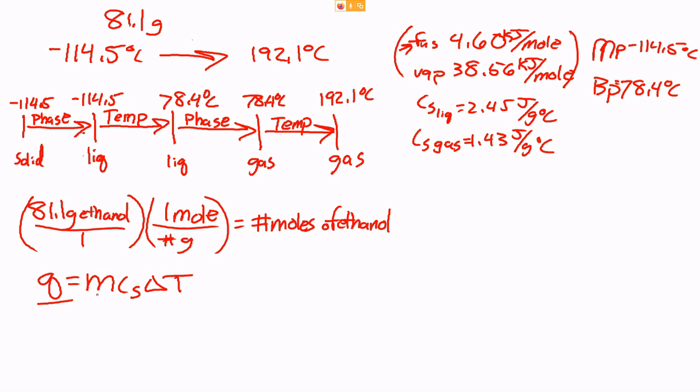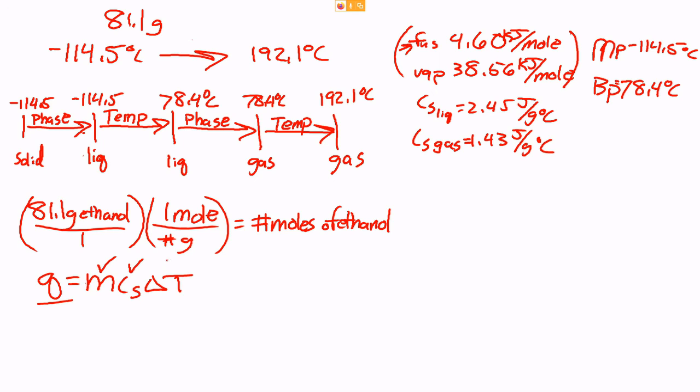And that is equal to the mass, which we know, it was given to us, times the specific heat, which was also given to us. But we have to be careful to use the right one, because there are different ones for the liquid and gas. So that we know. And we also are given the information to find the change in temperature.